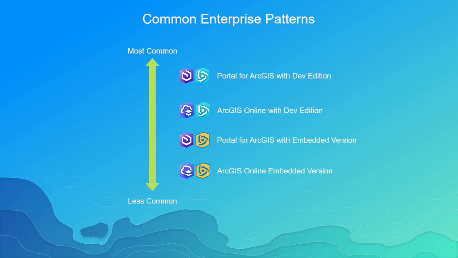And just a note on the patterns. A lot of the times, when clients call me up and say, hey, we need an application to do X, Y, and Z, we'll take an iterative, hybrid approach.